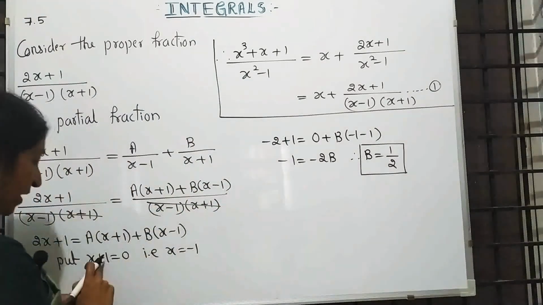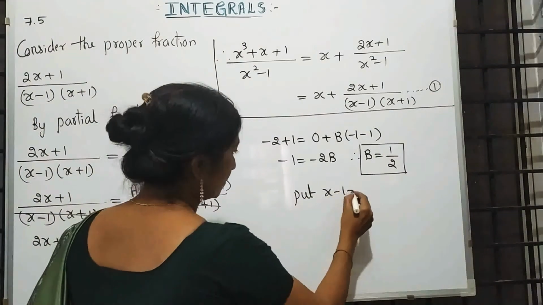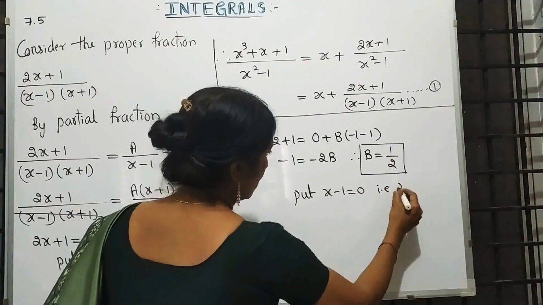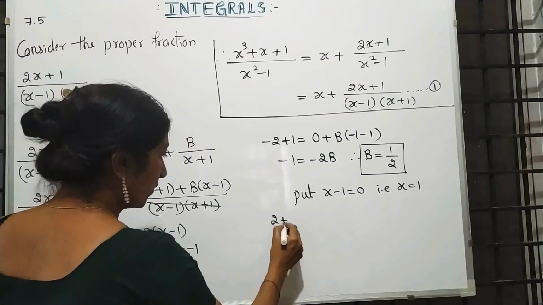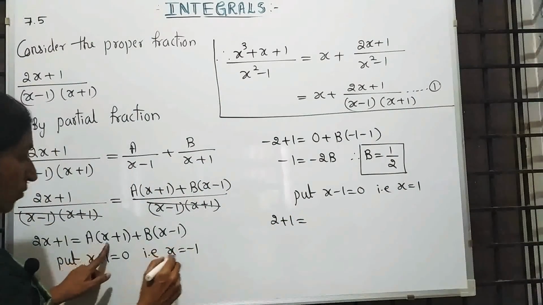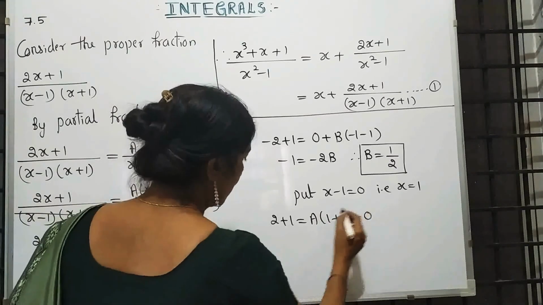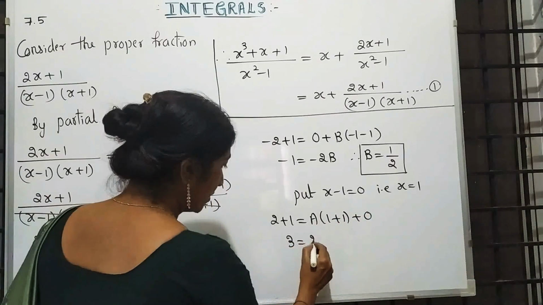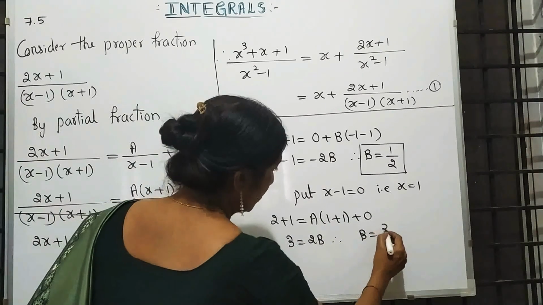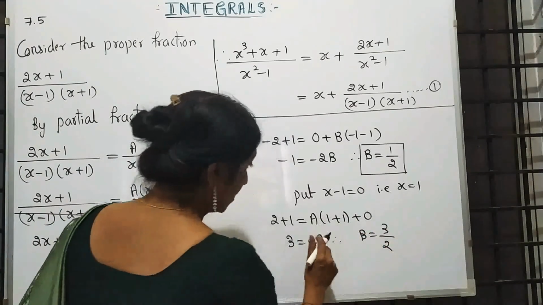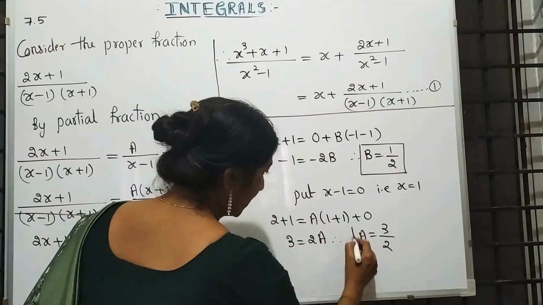Next bracket. Put x minus 1 is equal to 0, that is x is equal to 1. 2 plus 1. A is 1 plus 1. B is 0. 3 is equal to 2A, therefore A is equal to 3 by 2.